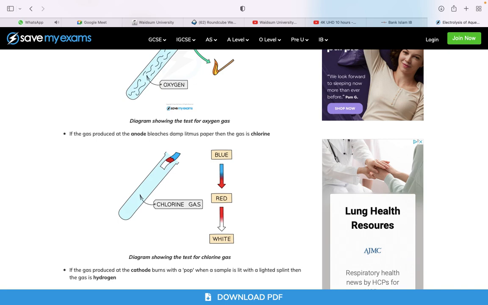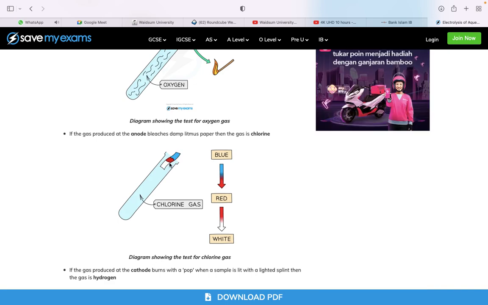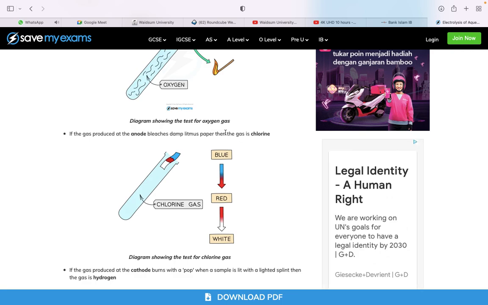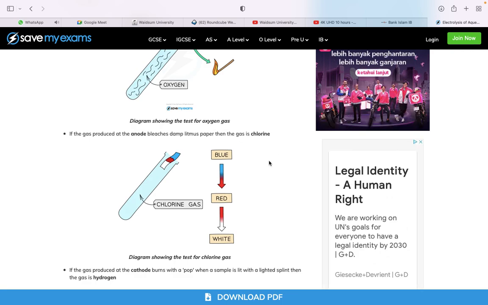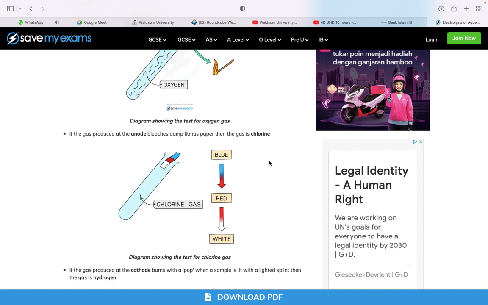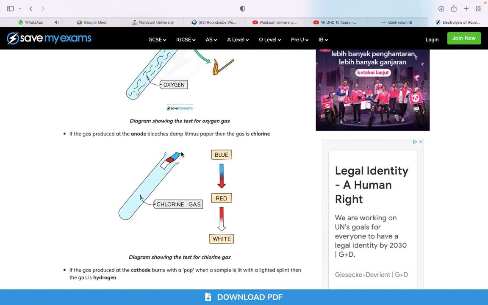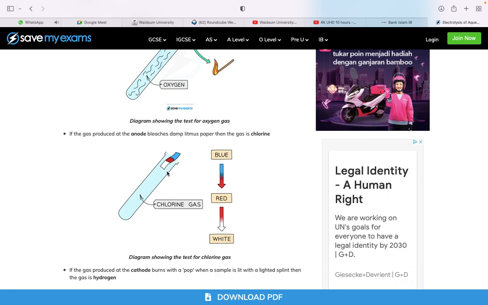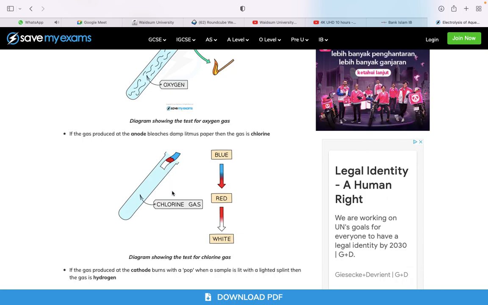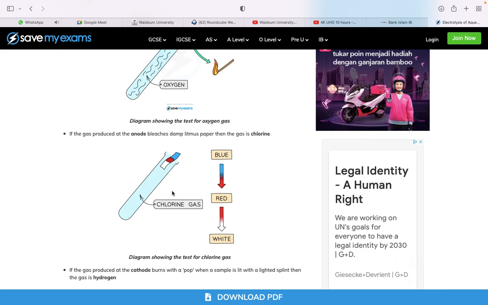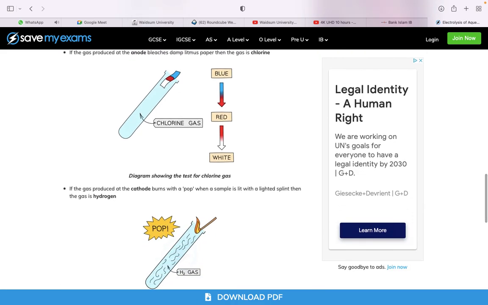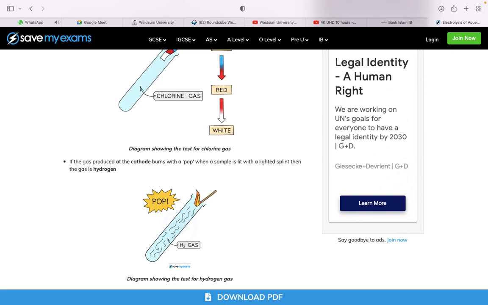If it turns blue litmus paper red, the color changing to red, and eventually turning to white, then you know exactly that this gas is chlorine gas.